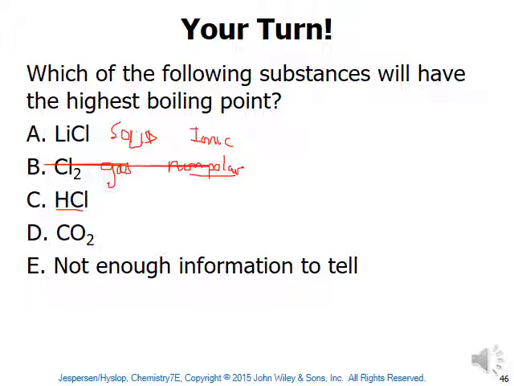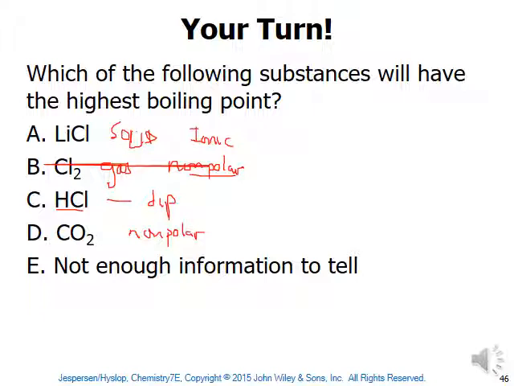This would be a polar molecule, so this is going to be held together by dipole-dipole. And this is going to be a nonpolar molecule. Again, how can you tell? You have to look at the structure and know more about it.